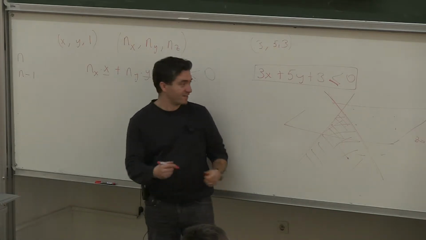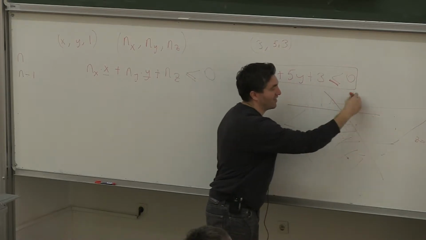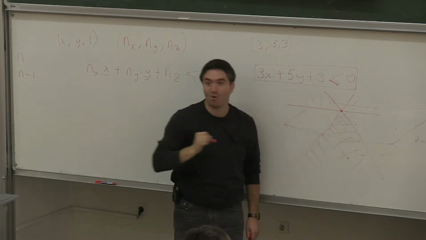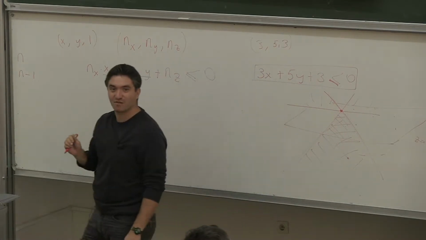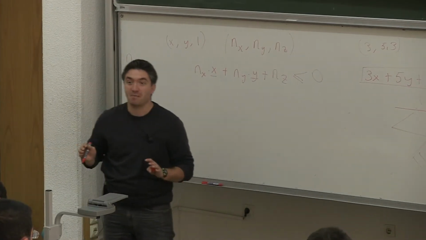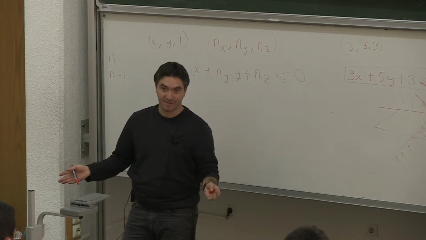Or, if this is the valid region for this one, the intersection may be a single point. Sometimes the intersection of these half planes may be a single point. Sometimes the intersection may be unbounded or empty.